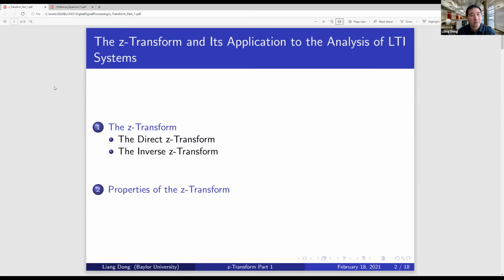So people think about whether there are any other ways that we can easily identify the system h. Now that comes a very handy tool, which is the Z-transform. In the analog world, we have the Laplace transform. So what we have here is my system: y[n] is x[n] convolved with h[n].